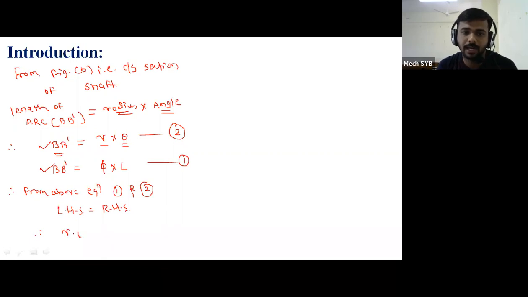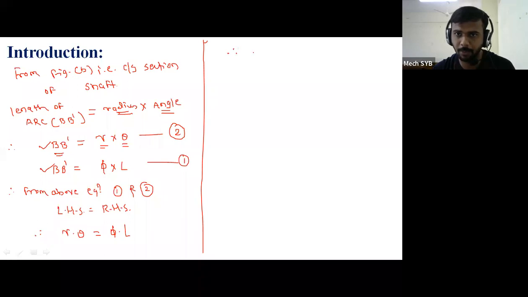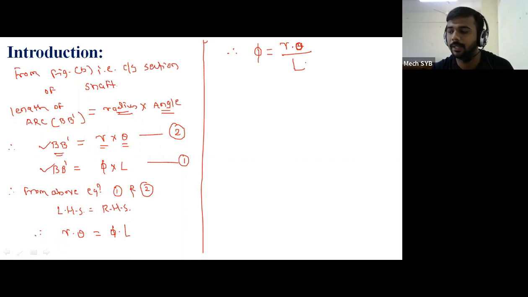Therefore, R into theta is equal to phi into L. R into theta is equal to phi into L. And if I write the equation in the form of phi, phi is equal to R into theta divided by L, and this is the equation number 3.